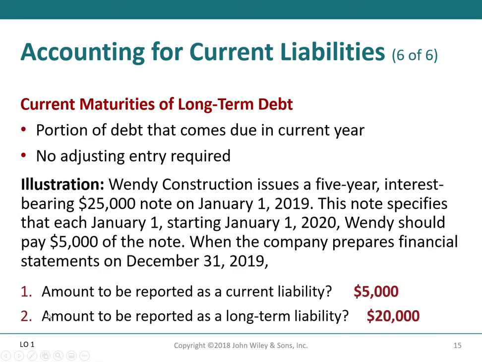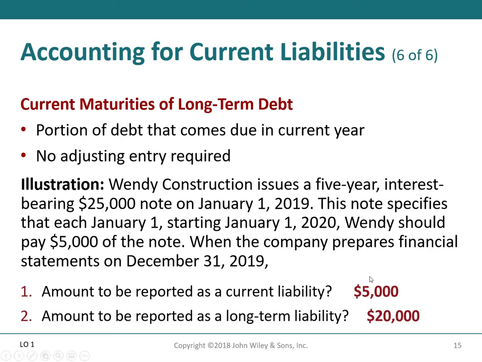So if you can see here, Wendy Construction issues a 5-year interest-bearing $25,000 note on January 1, 2019. This note specifies that each January 1, starting January 1, 2020, Wendy should pay $5,000 of the note. When the company prepares its financial statements on December 31st, how much is the current liability?